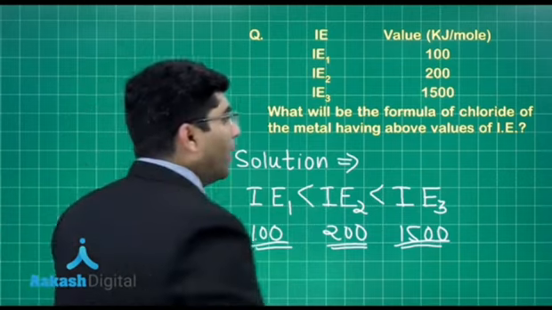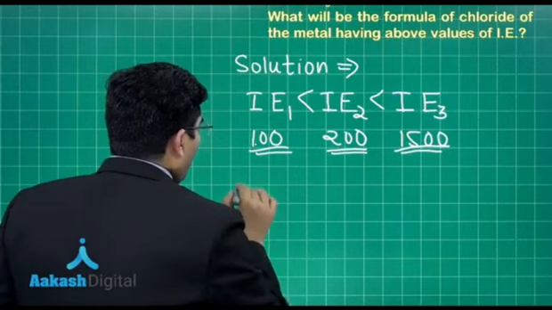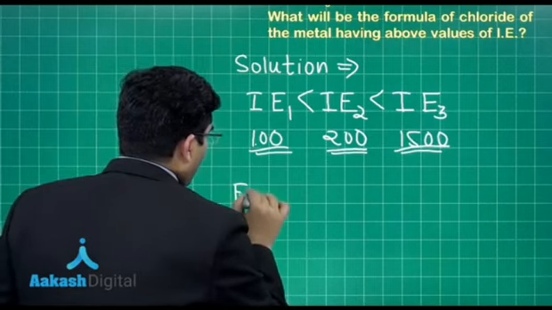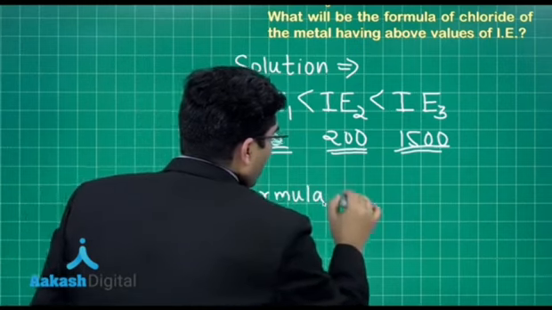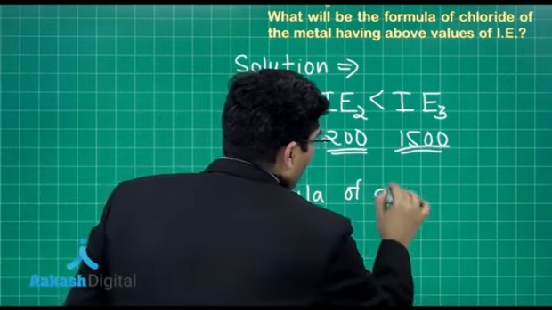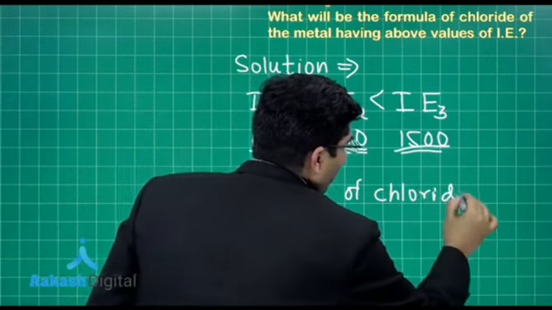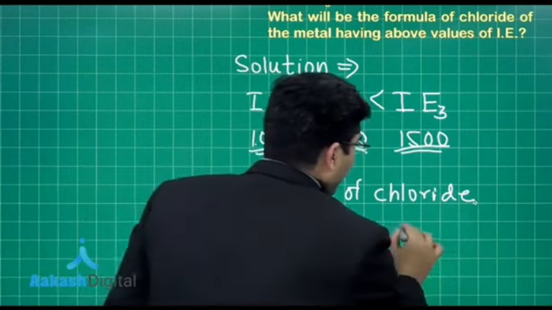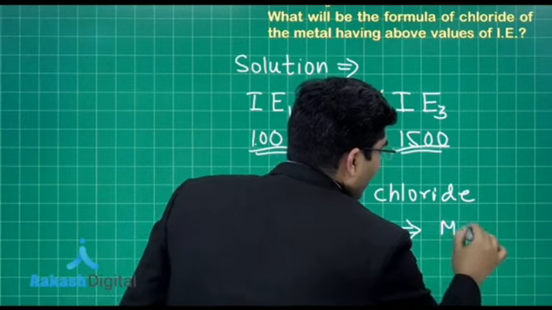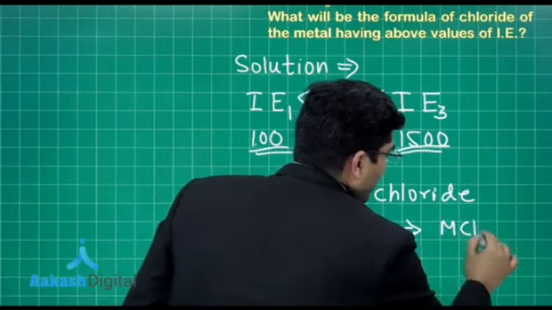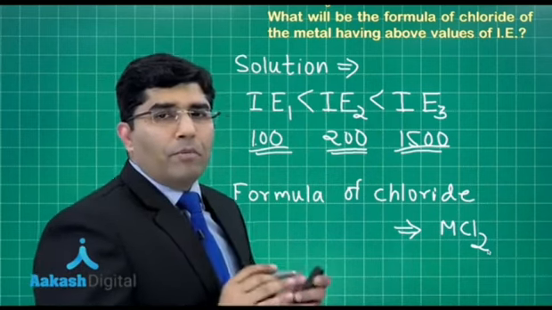That's why the formula of chloride, say the metal is M, is MCl2. So we will solve these types of problems in this manner.